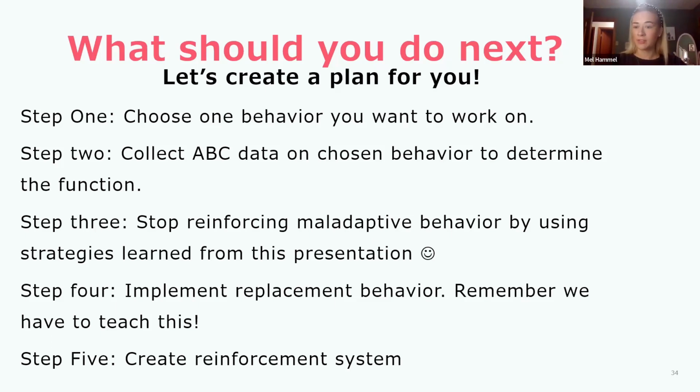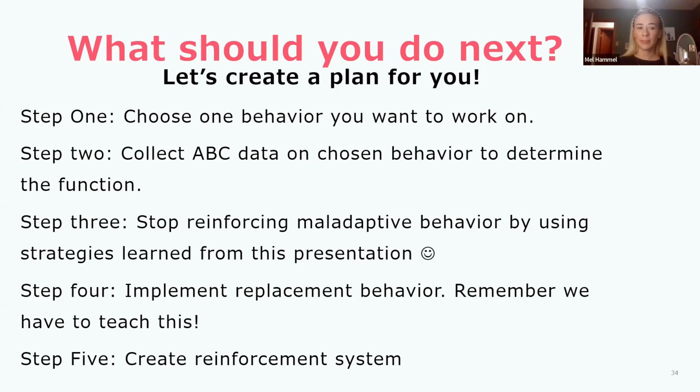When you have an individual exhibiting behaviors, most of the time you're not just dealing with one behavior. You're probably dealing with 3 or 5, or sometimes I've had kids deal with 12 behaviors that they exhibit. But I do know that you can't focus on all 12 or all 5 or all 4 behaviors at one time.